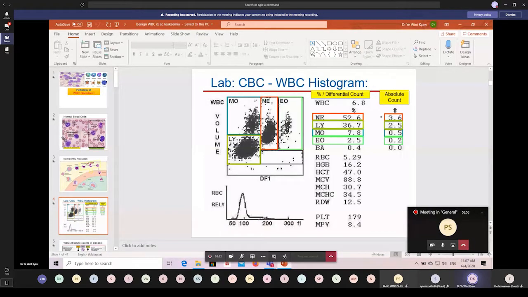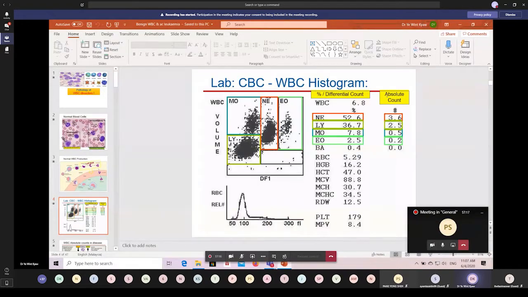Absolute count means the total count in the blood. Differential count means we count 100 WBC and work out the percentages: when we count 100 WBC in the blood film, how many are neutrophils, how many lymphocytes, how many monocytes. Absolute count means their population in your blood sample.